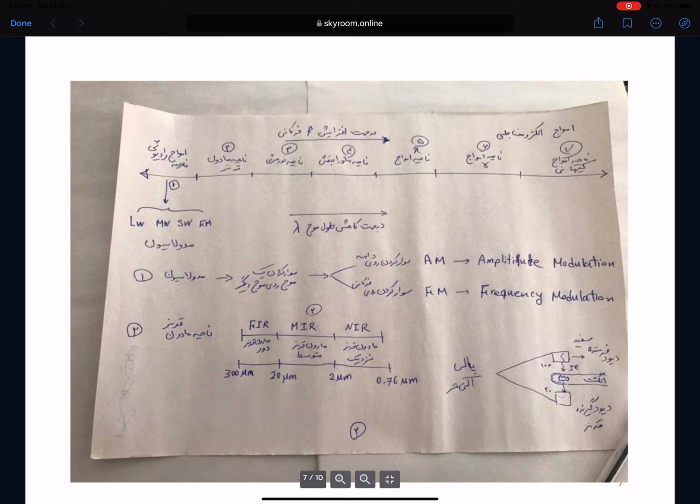For example, I am in Tehran at the moment, and I don't know exactly the distance between Tehran and Kish Island. I'm not sure, but I think it's about 2,000 kilometers, something like that.